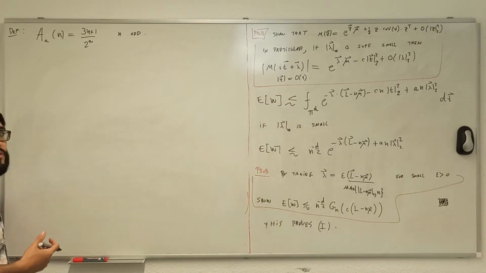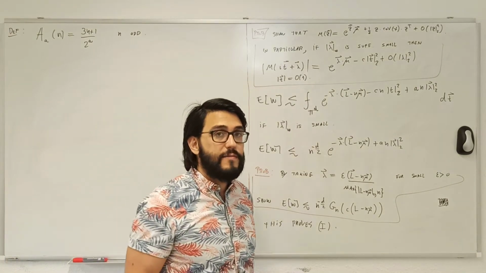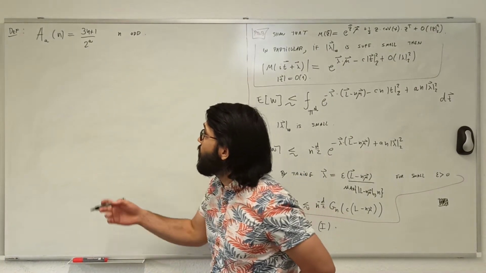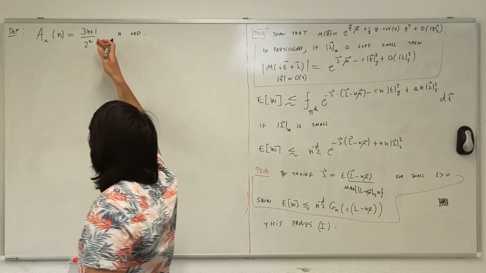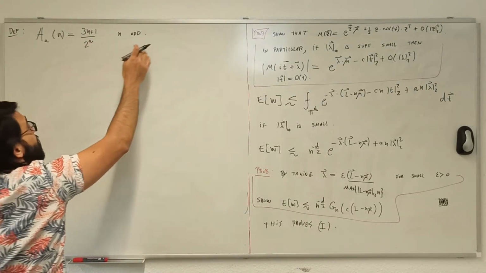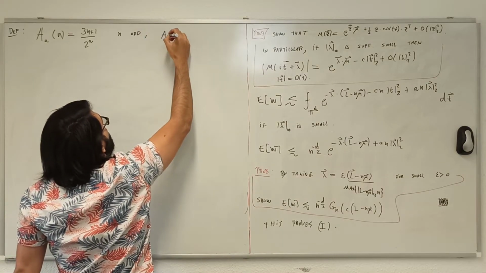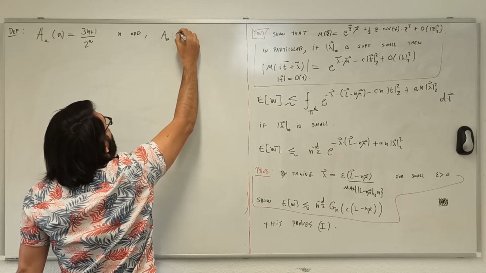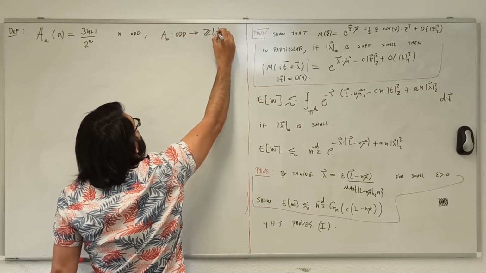So for instance, if n is odd, then 3n plus 1 is even, and therefore I can divide at least by 1 power of 2, but maybe this is not a number, an integer, sorry. So you see that A_a maps the odd integers to Z[1/2].